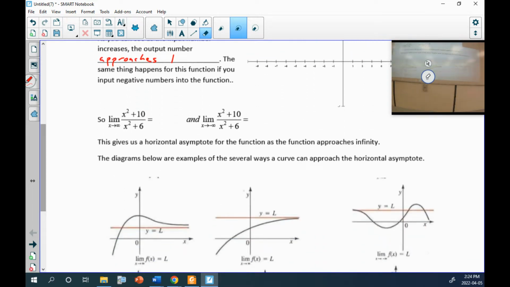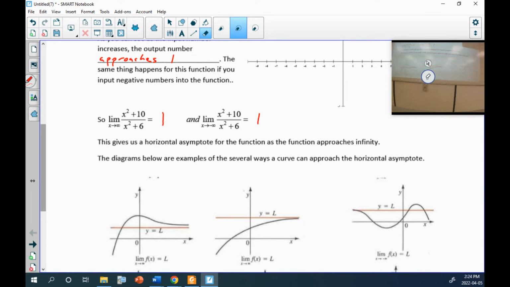Our notation for this: as x gets to infinity, the limit of this function is equal to 1. And as x approaches negative infinity, the limit of this function is also equal to 1.